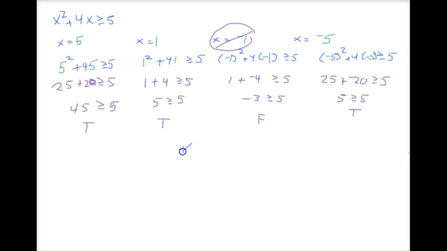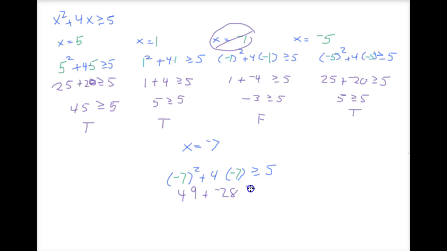I'm lazy, but I want to pick something easy. How about I pick -7? I know 7s. Those are kind of fun to square. So let's see. Something squared plus 4 times that something is greater than or equal to 5, and I'm going to put in -7. What do we got? 49 plus -28.